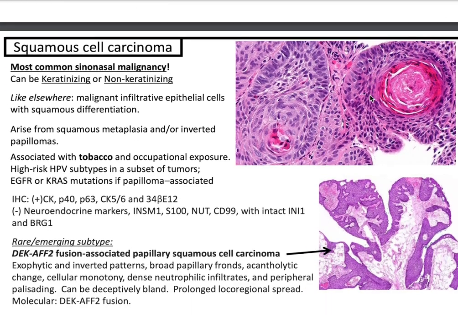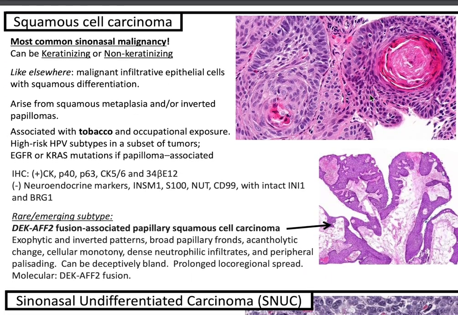Squamous cell carcinoma. This, again, is the most common sinonasal malignancy. It can be keratinizing or non-keratinizing. Like elsewhere in the body, squamous cell carcinoma in the sinonasal tract has malignant infiltrative epithelial cells with squamous differentiation. It arises from squamous metaplasia and/or inverted papillomas.